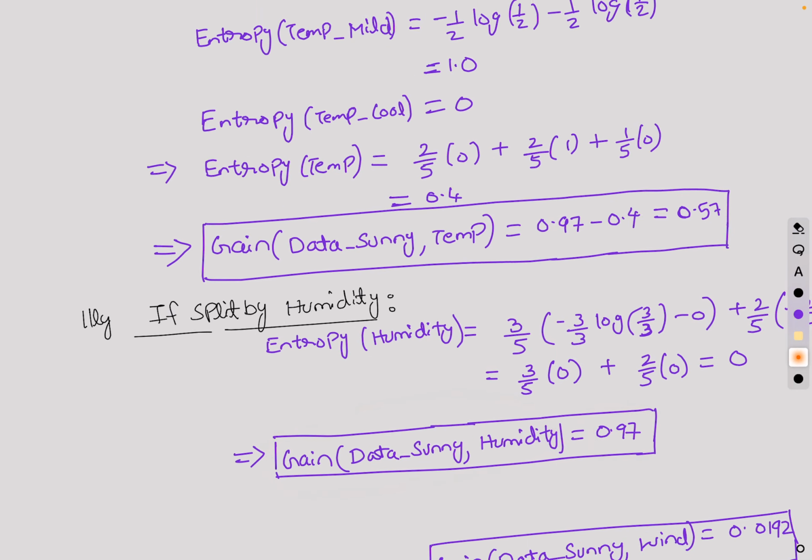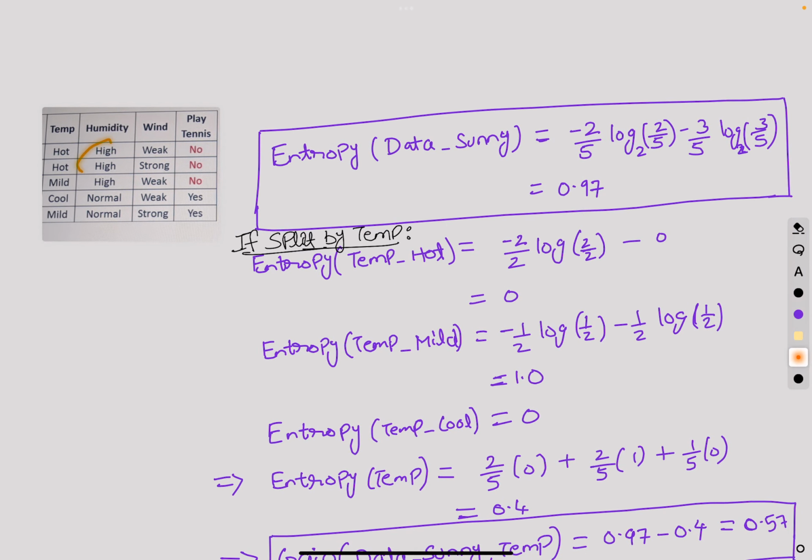That's because all the records that belong to high are no, and all the records that belong to normal are yes, which means there is 100% accuracy, isn't it?